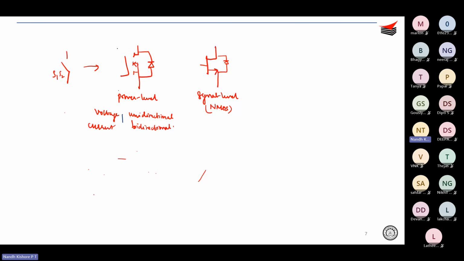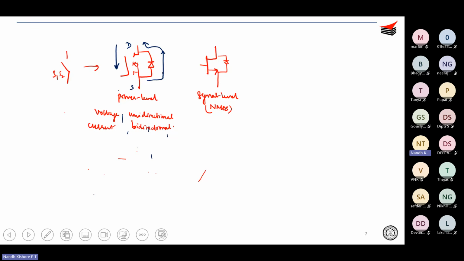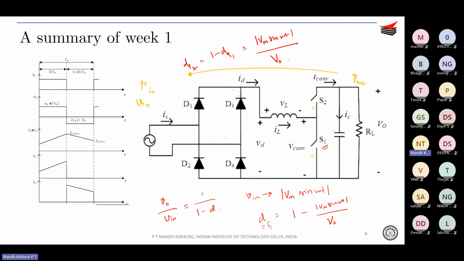Current can flow like this, that is drain to source, or current can also flow through the diode, something like this, source to drain. So it is current bidirectional. That is why, if you wanted bidirectionality, this entire half bridge can be used.